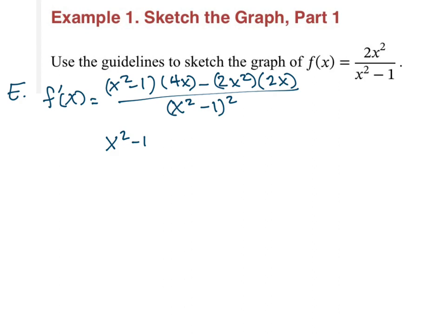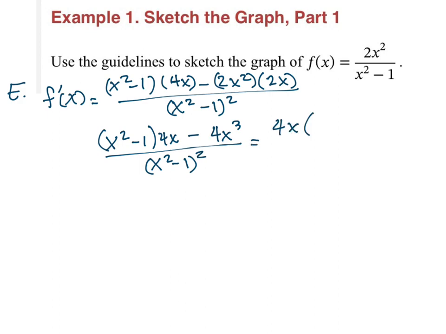I think both of these are going to have a 4x in there. It's going to be x squared minus 1 times 4x minus 4x cubed. So what if we pull out a 4x in front? We have x squared minus 1 minus what's left.